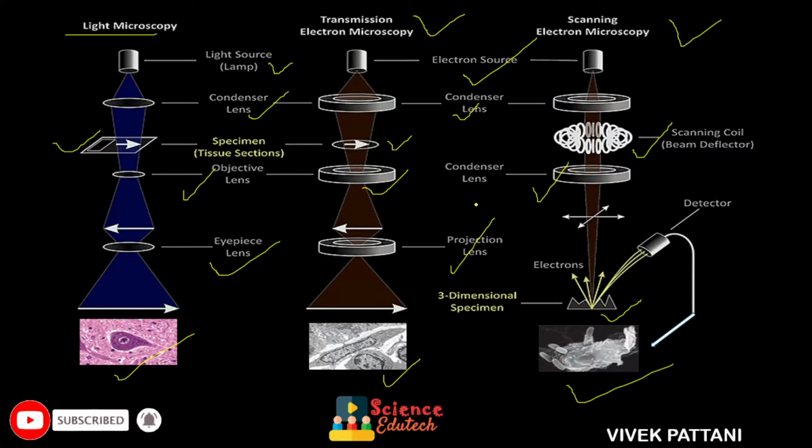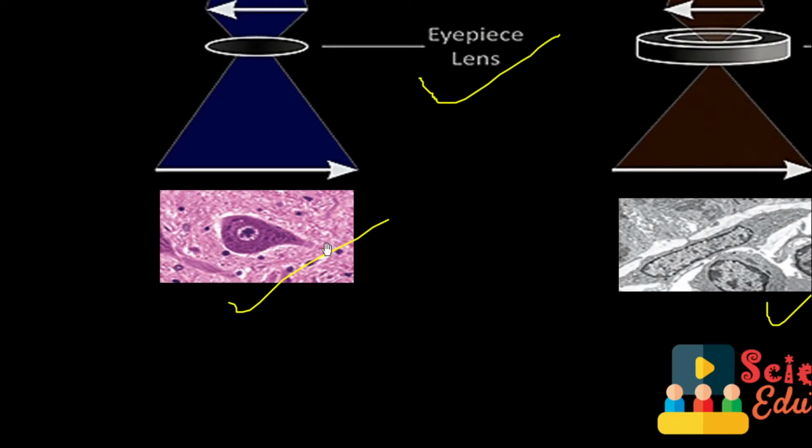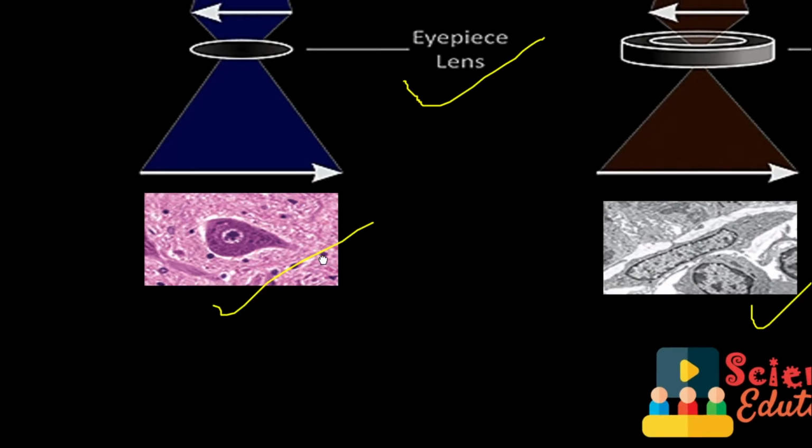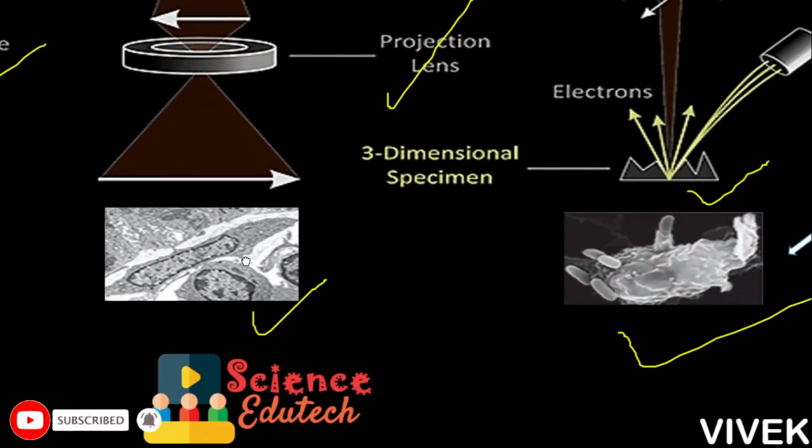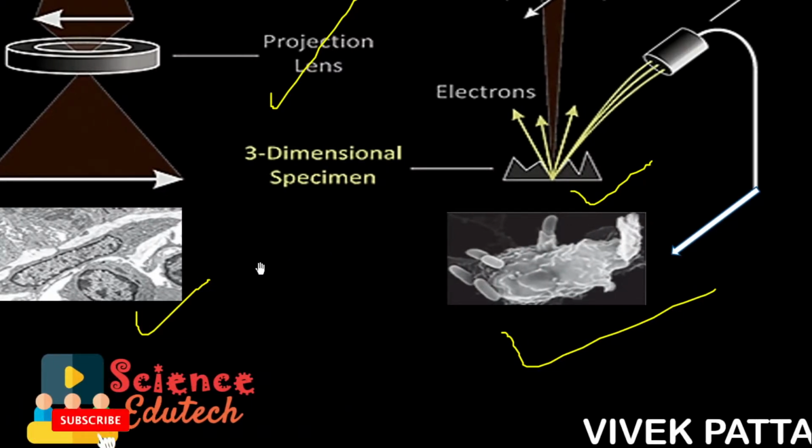The main difference between light and electron microscopy is that light microscopy uses air as a medium, but in electron microscopy the chambers are vacuum packed, because you are going to use electrons to form the image of your specimens. Now let us zoom in. Here is a photograph of a specimen in the light microscope, the transmission microscope, and this one in the scanning microscope.